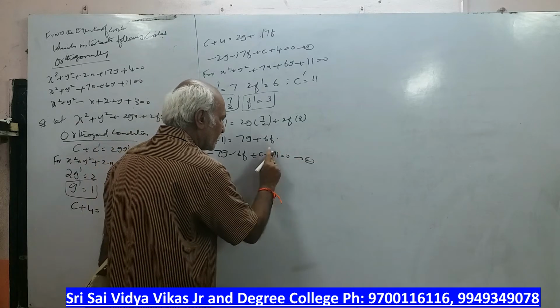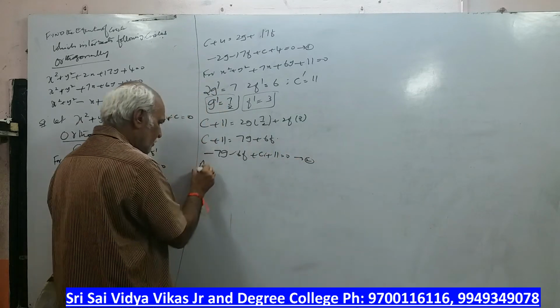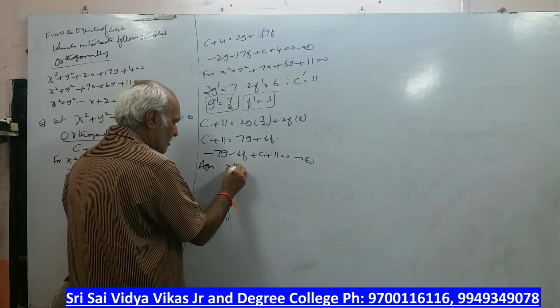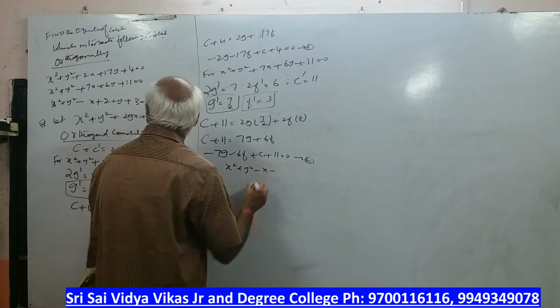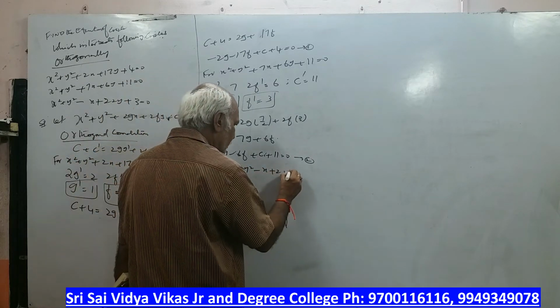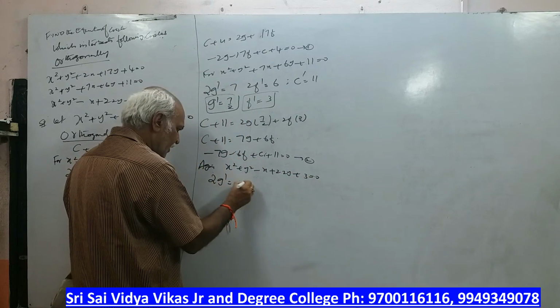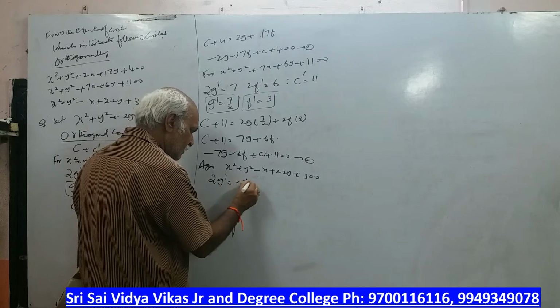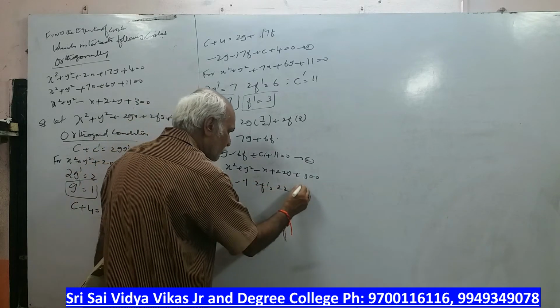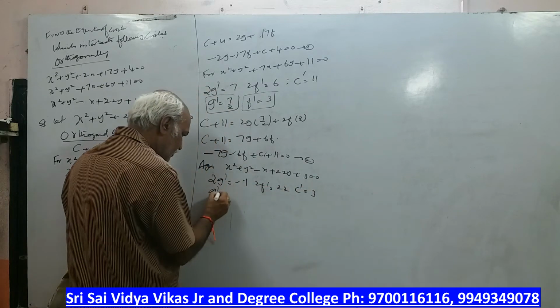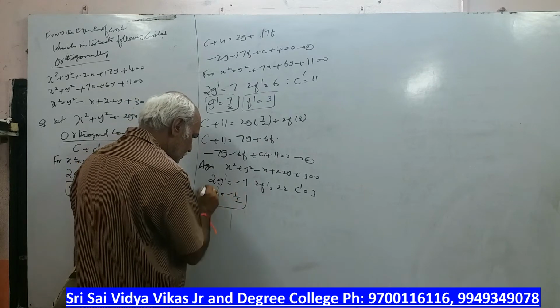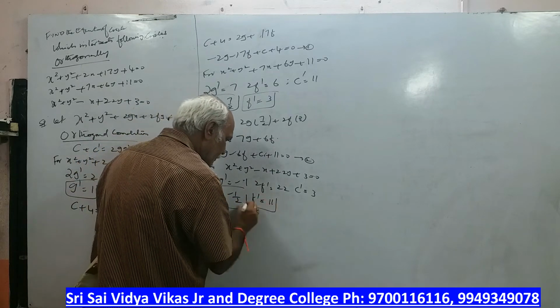Second equation. Again, for x square plus y square minus x plus 22y plus 3 is equal to 0, 2g dash is equal to minus 1, 2f dash is equal to 22, c dash is equal to 3, f dash is equal to 11.